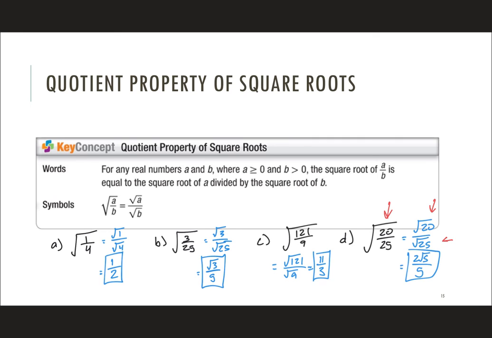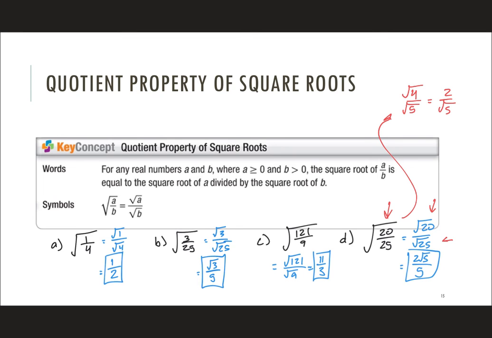Okay, so I left it alone for the sole purpose of when I rewrite it, it would factor out. If I tried to simplify it beforehand, I would have been left with 4 over 5 square roots. And while that would have been nice for the numerator, it is not so nice for my denominator.